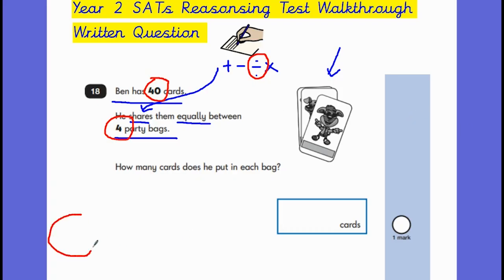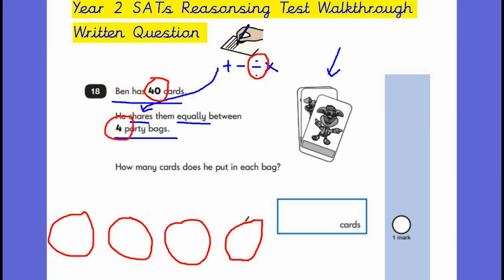So I would have taught year 2 children, some children would like to do it this way, where you draw 4 bags, and then you may share out the 40 cards. 1, 2, 3, 4, 5, 6, 7, 8, and you keep going until you've shared out 40, and then each bag should contain 10, and they would count the 10 dots.